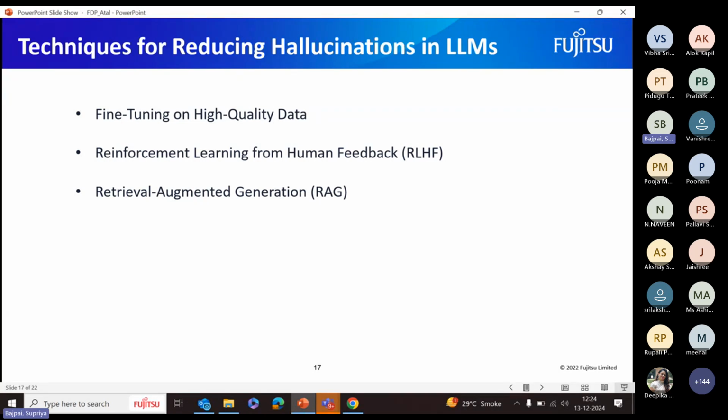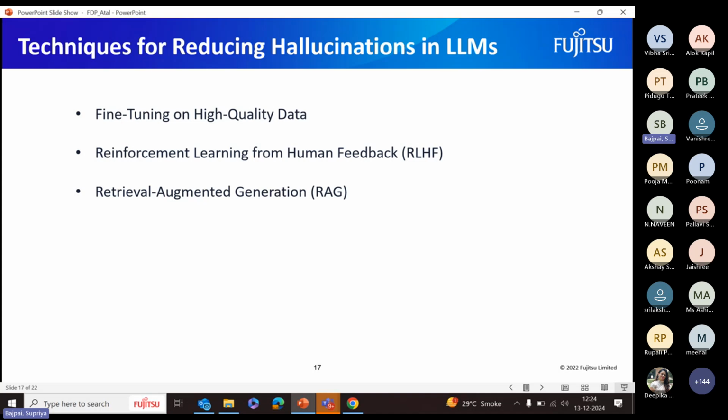Another important one is retrieval augmented generation, which we will also discuss in detail in later slides. The model doesn't generate the answer from memory, but looks up information from some source, some trusted source, or maybe non-trusted also, like a database.